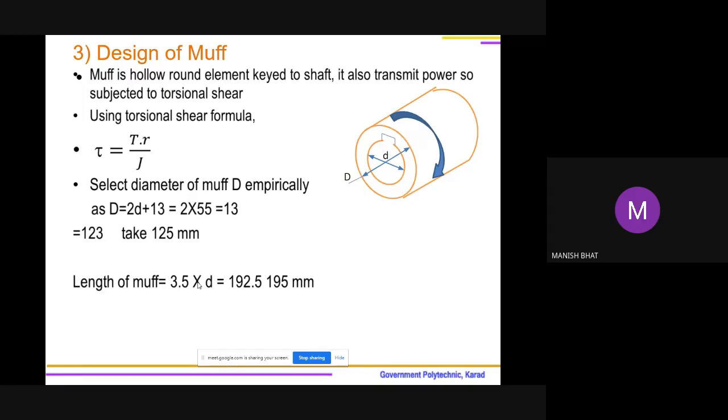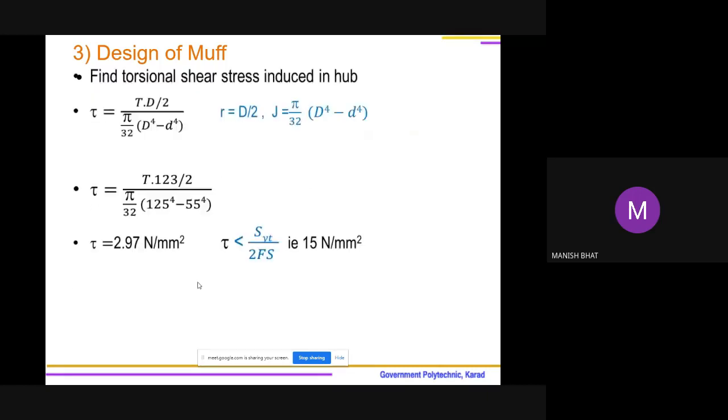Let us check whether it is safe to select D and L. So we know that there is torsional shear failure, and the formula for torsional shear is tau is equal to TR divided by J. R is the distance of the maximum stress plane from the neutral axis. Maximum stress occurs at the surface of the muff, that is the OD, capital D. So the distance of the surface from the center is the radius, that is capital D by 2.